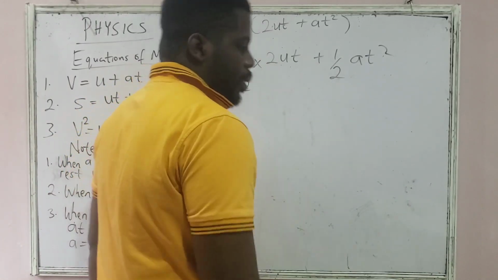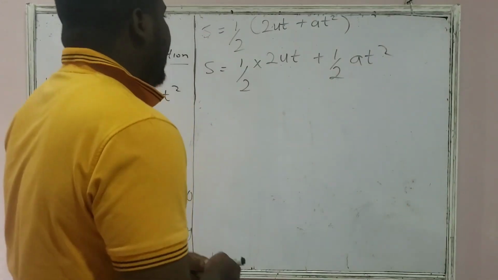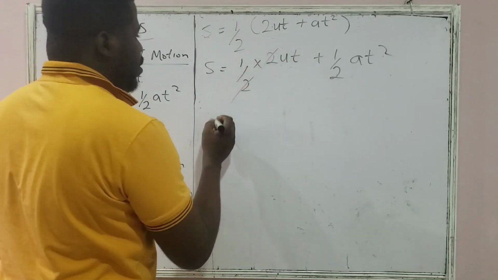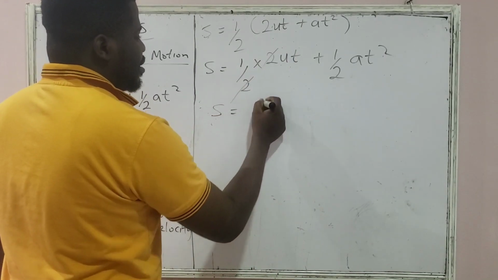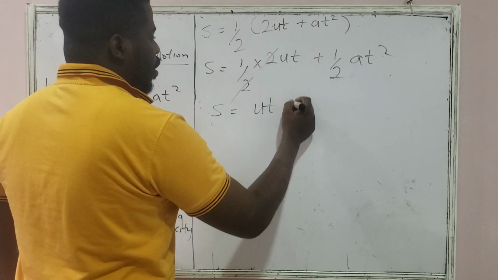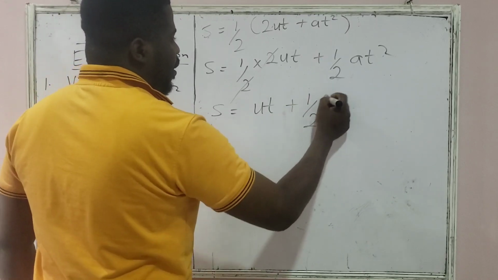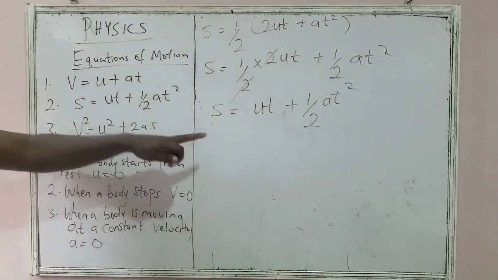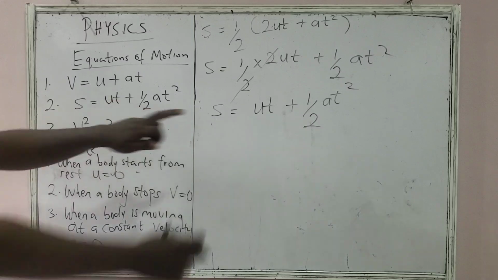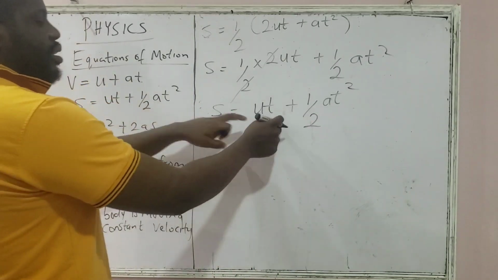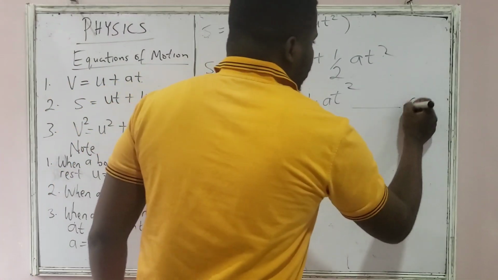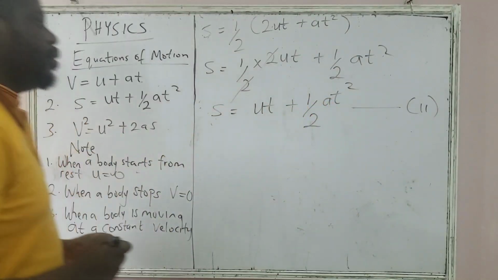Very simple. We cancel the 2 here and the 2 here, and what we have next is S = UT + ½AT². This is our second equation of motion. This is how we derive it.